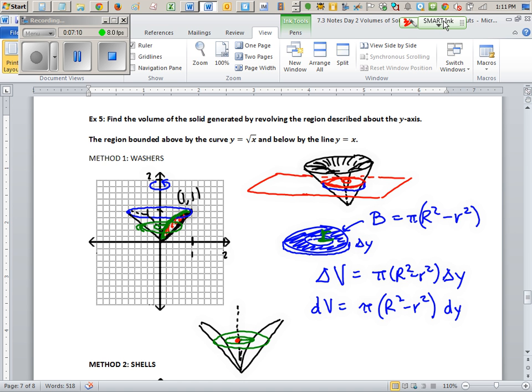So this side of it is x equals 0, and this side of it is x equals something, and it's connected to this curve, you see. So since this is the y equals root x curve, another way of thinking of that is the x equals y squared curve. So the left side of it is x equals 0, the right side of it is x equals y squared.